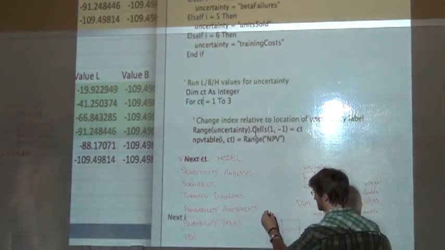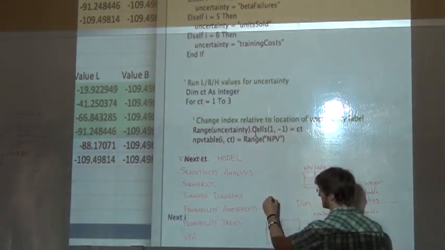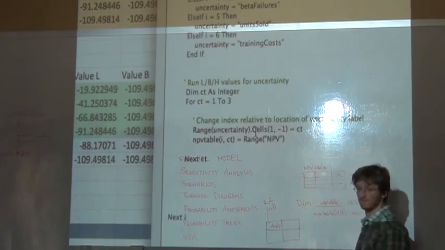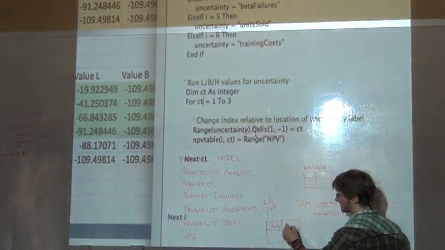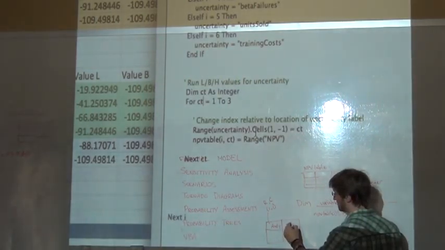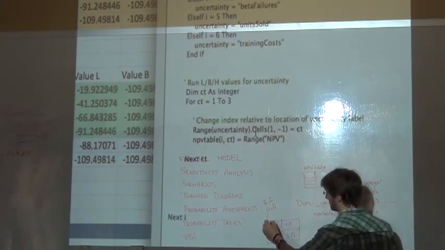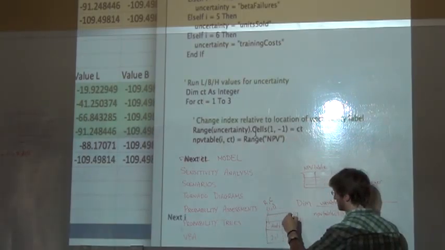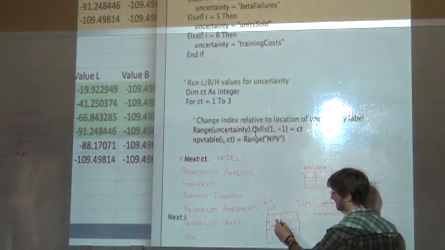So the address of this is 1, 1. This is the row and a column. So this would be what? 1, 2. Okay. What about these? Almost.